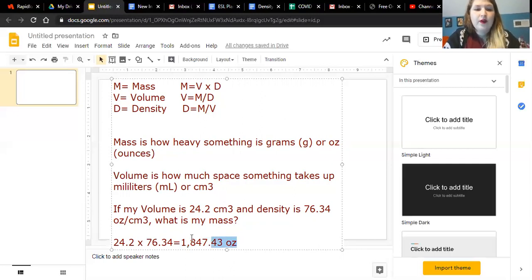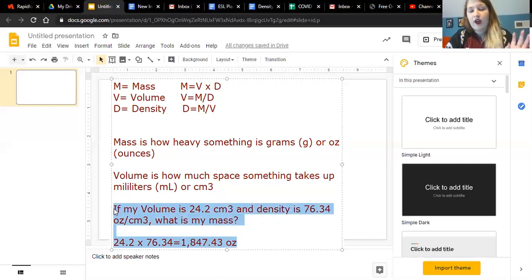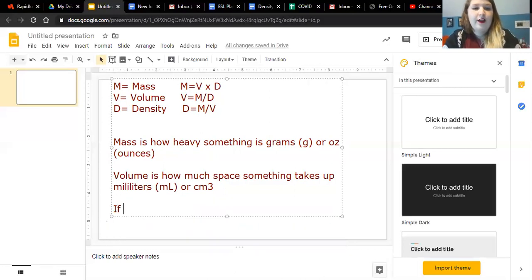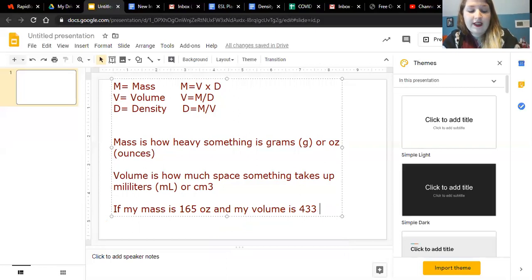All right, we're gonna do one more, and then I'm gonna introduce you to the worksheet that goes along with this, which should be pretty simple. So if my mass is 165 ounces and my volume is 433 centimeters cubed, what is my density?